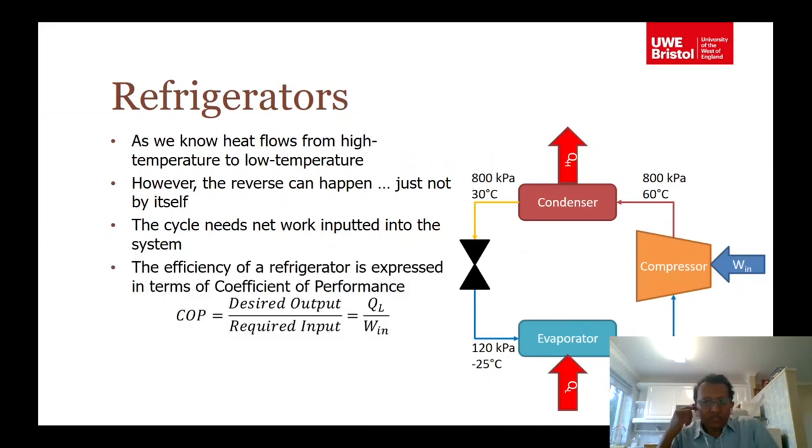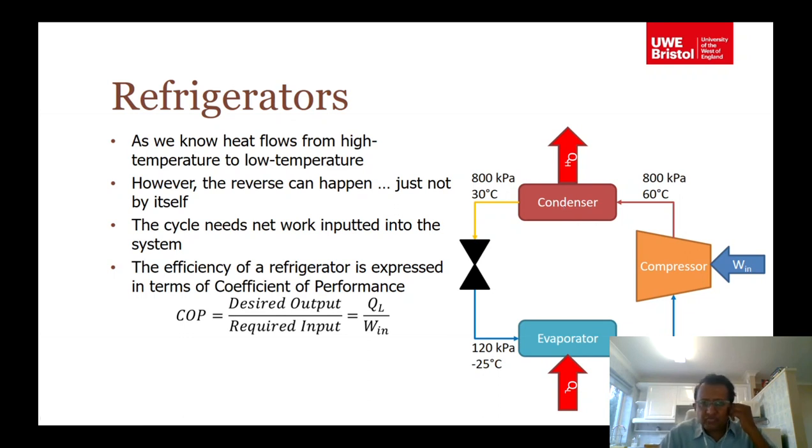So this shows you what a refrigerator has. You have an evaporator and a condenser. In your domestic refrigerator, the evaporator is the inside of the fridge, and the condenser is outside of the refrigerator.